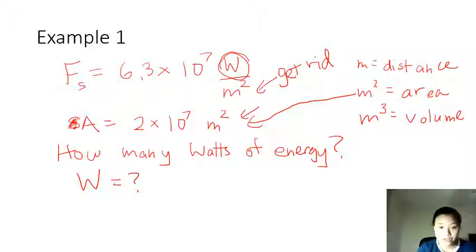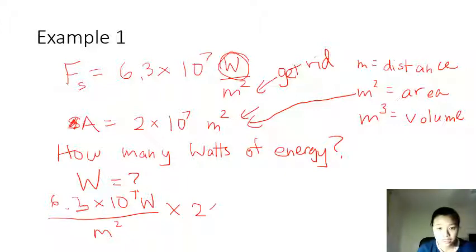We're going to start with 6.3 times 10 to the 7th watts per meter squared, and multiply that by my area, which is 2 times 10 to the 7th meters squared.